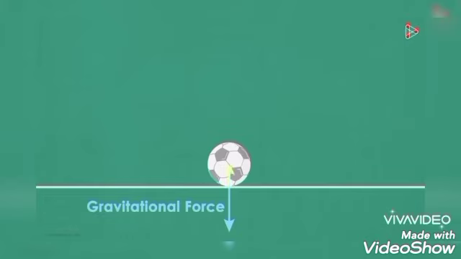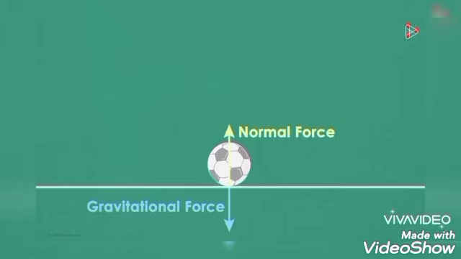And the ground is applying a force on the ball also, and that force is in the upward direction, opposite to the gravitational force. The force acting in the upward direction is called the normal force. This normal force is opposite to the gravitational force.